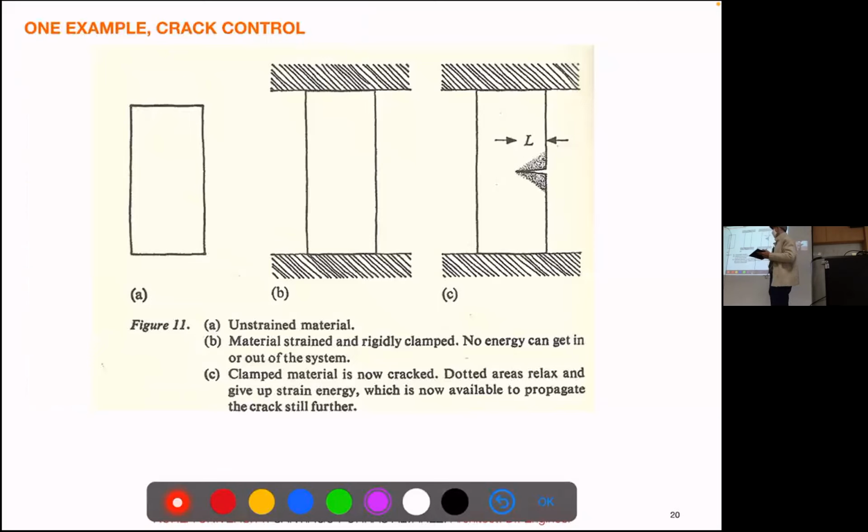Another example is crack control, right? We don't need to go into it, but the theory allows us to calculate how deep a crack is critical, so we can consider it okay. Usually, airplanes and ships have cracks, so they are calculated with an acceptable crack, which can be inspected by eye.